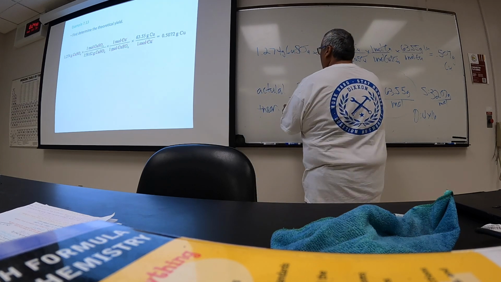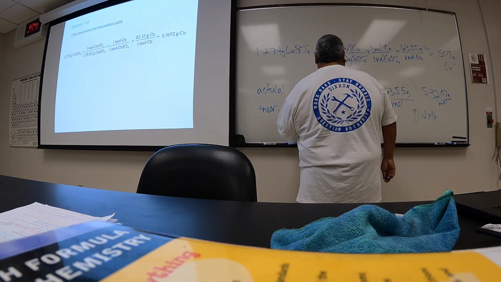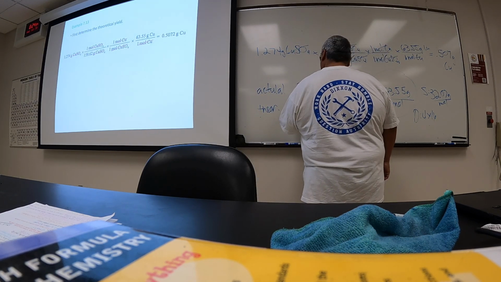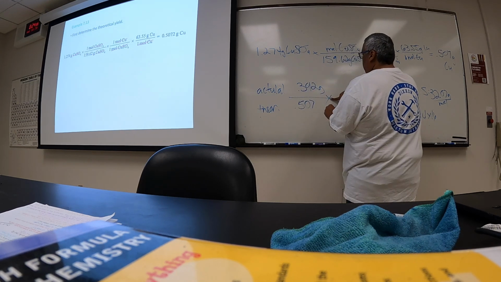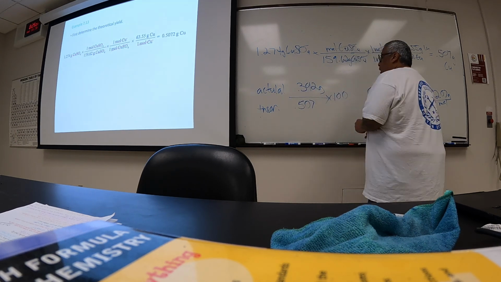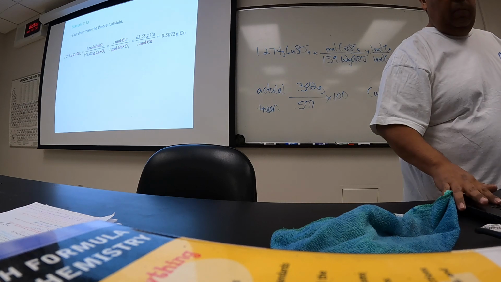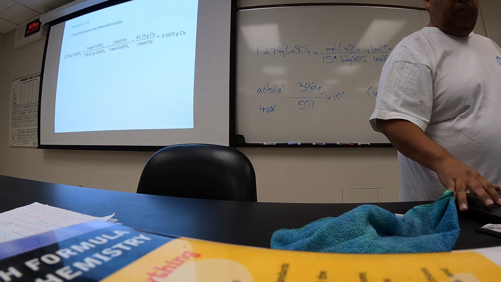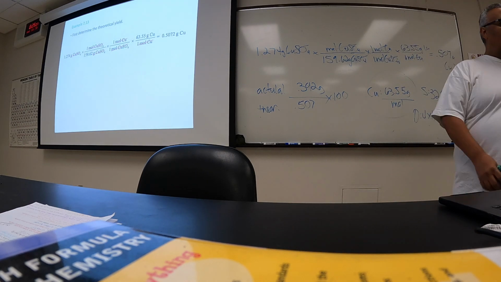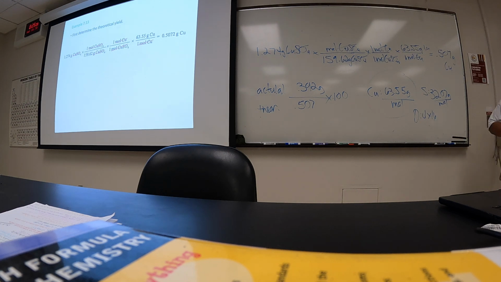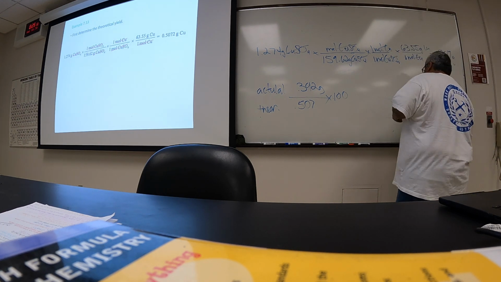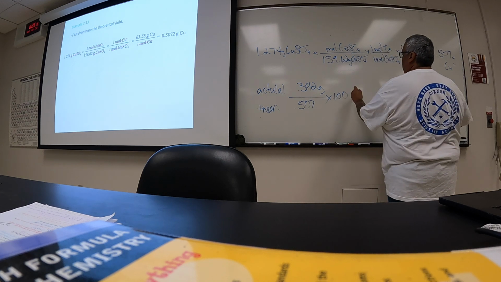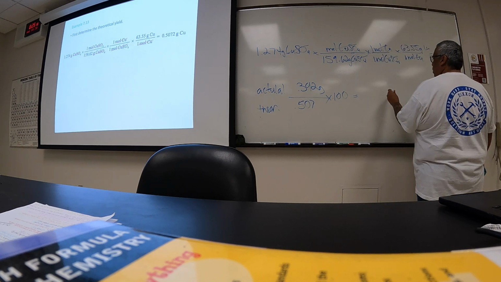So we're going to take our actual yield divided by the theoretical yield, and we're going to multiply that by 100. And what is our percent yield? 77.3.